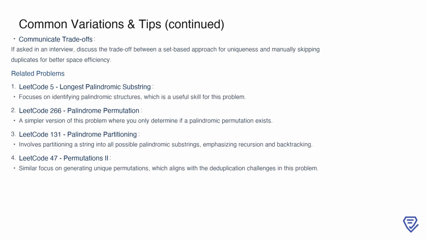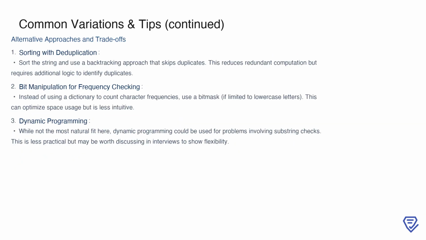LeetCode 131, Palindrome Partitioning, involves partitioning a string into all possible palindromic substrings, emphasizing recursion and backtracking. Finally, LeetCode 47, Permutations II, specifically deals with generating unique permutations, which ties closely to the deduplication challenges in this problem. There are also some alternative approaches and trade-offs you can consider.